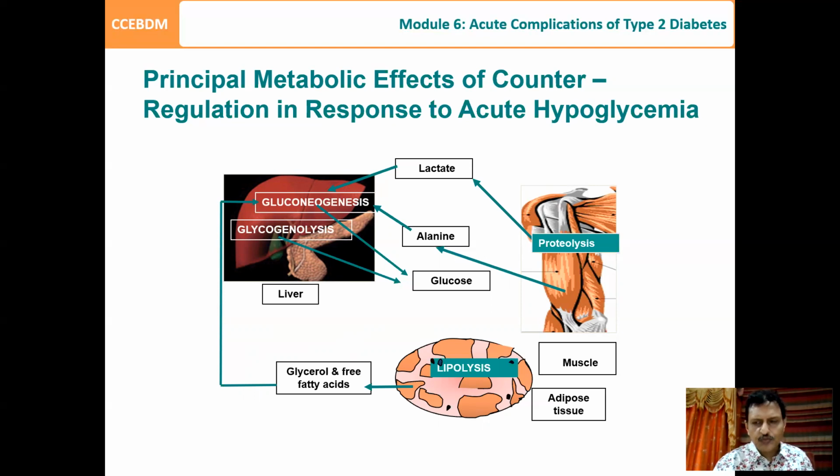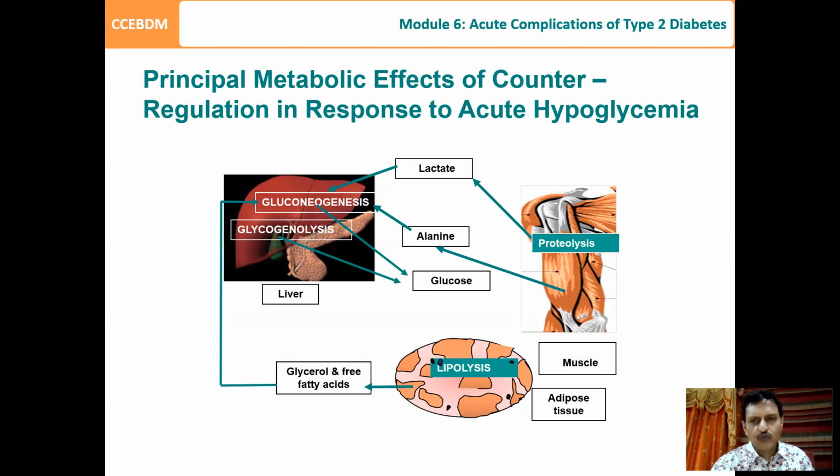Both these processes are carried out by the counter-regulatory hormones, glucagon, cortisol, growth hormone, and adrenaline. Therefore, whenever there is hypoglycemia, the secretion of these four hormones goes up.